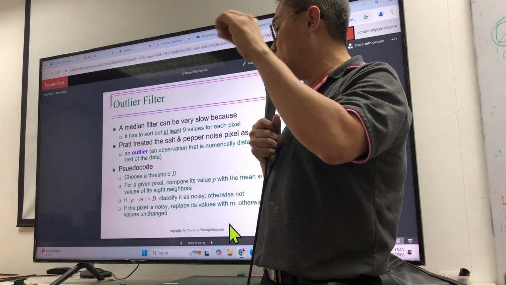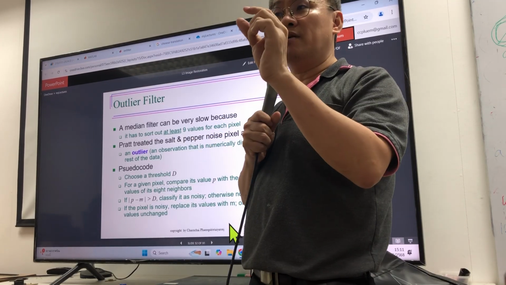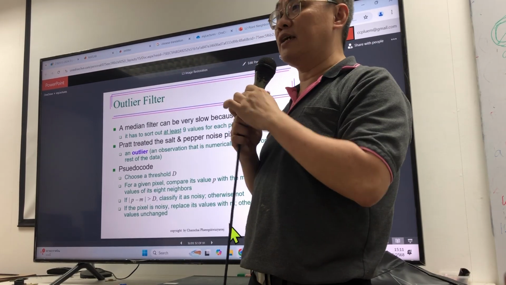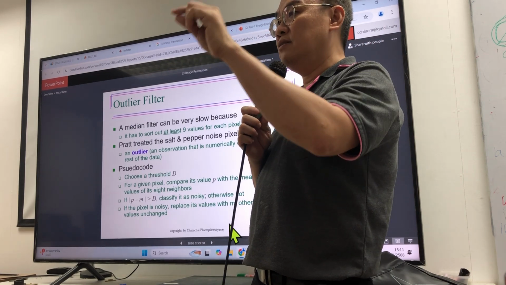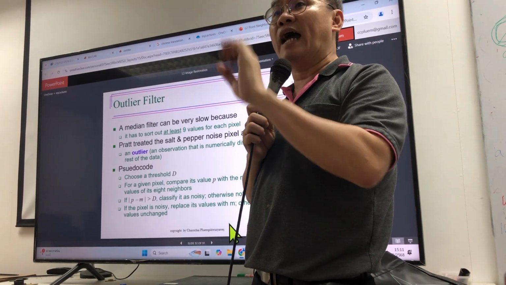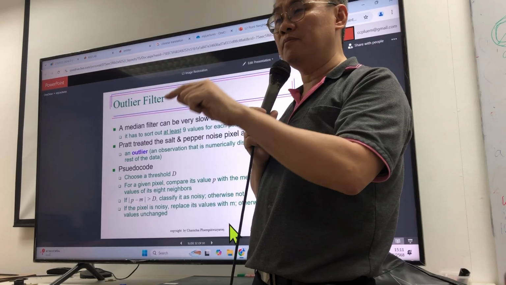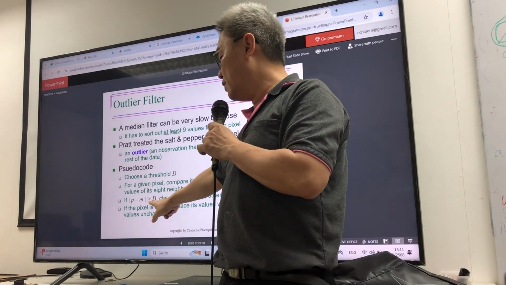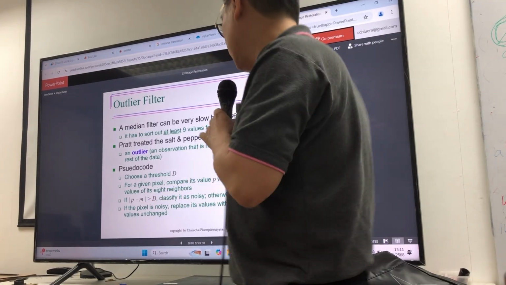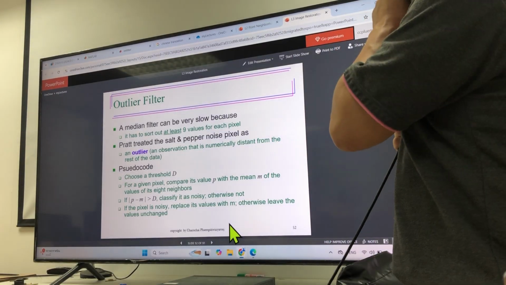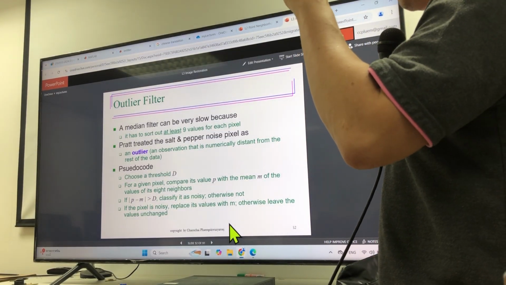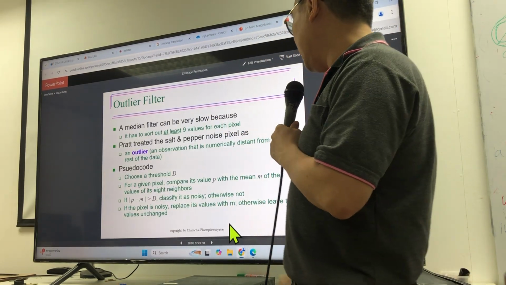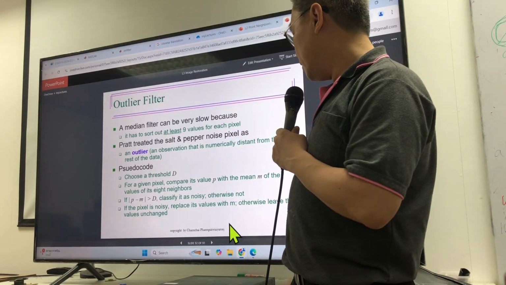Because if there is salt or pepper noise, P and M are going to be different, depending on where the salt and pepper noise is. If it is at the center, compared with the surrounding pixels it will differ; the average of the neighbors will differ by some amount. The difference is the threshold D. If the pixel is noise, you replace it with M, the average of the 8 neighbors.